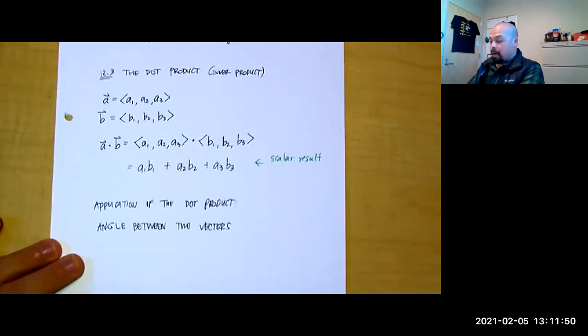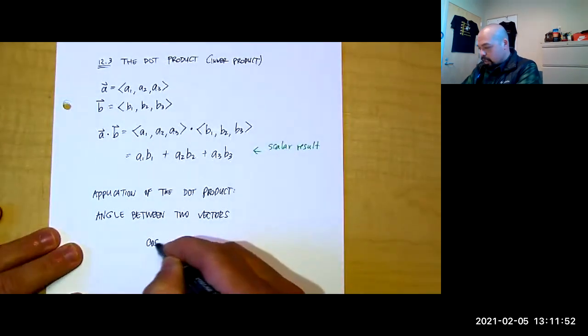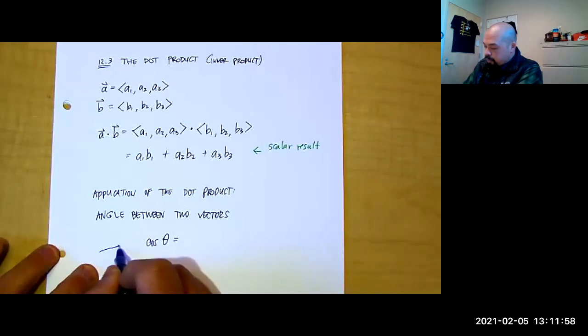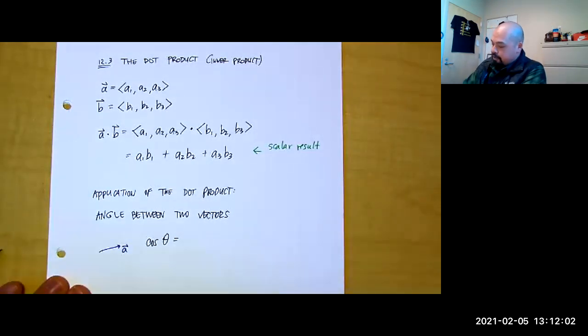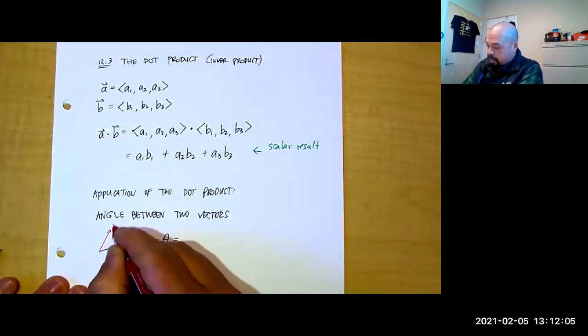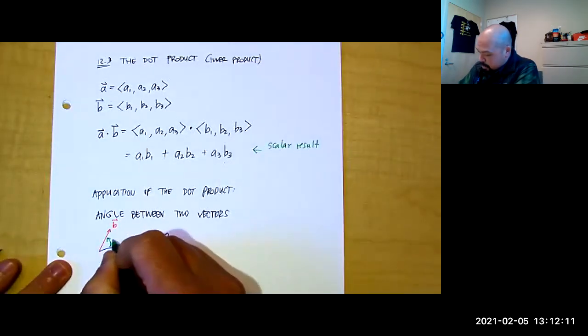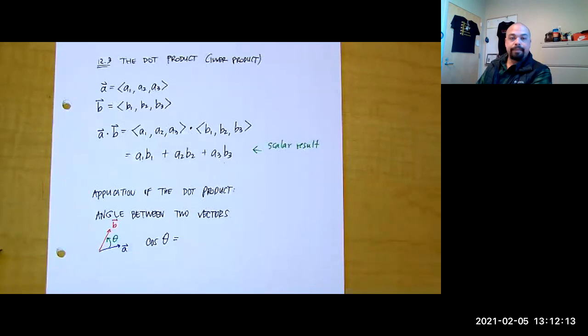We have this relationship with the cosine of that angle theta between those 2 vectors, and maybe we can draw it here. If we have vector A here and vector B, since we can move it anywhere in that coordinate system, we'll have it so the tails coincide, and we want to find that angle between them.